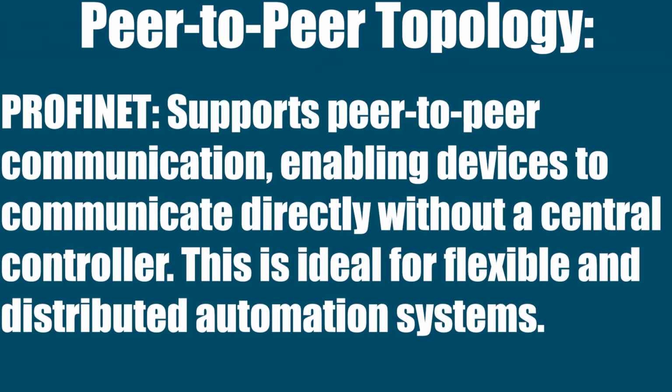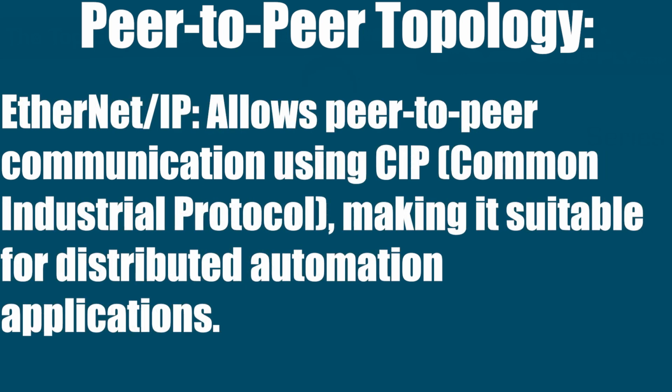Peer-to-peer topology in automation. We have Profinet. It supports peer-to-peer communication by enabling devices to communicate directly without a central controller, like we discussed. This is perfect for flexible and distributed automation systems. Ethernet IP allows peer-to-peer communication using CIP, which stands for Common Industrial Protocol, making it suitable for distributed automation applications.